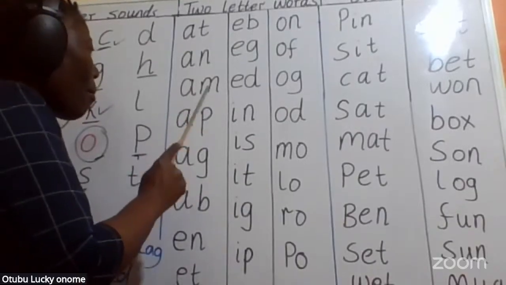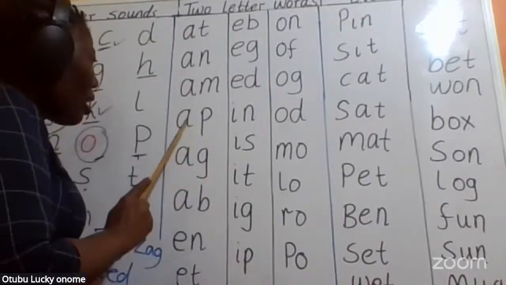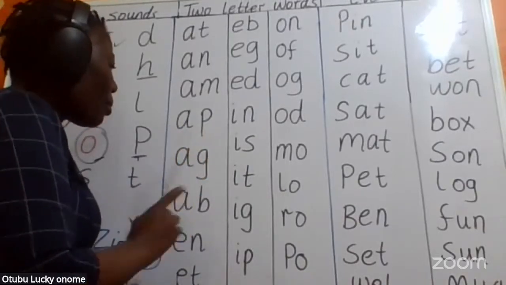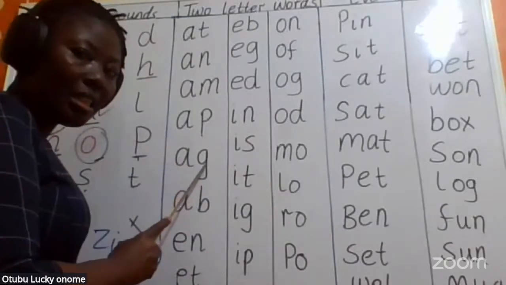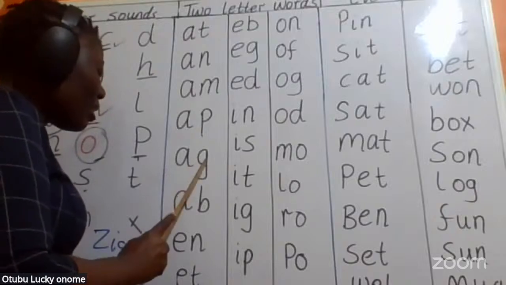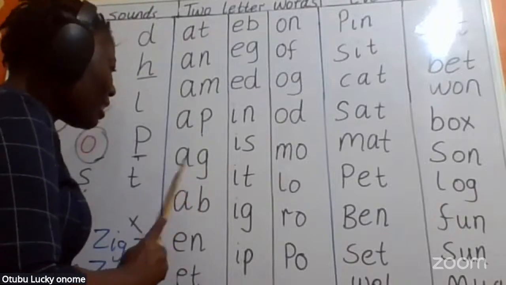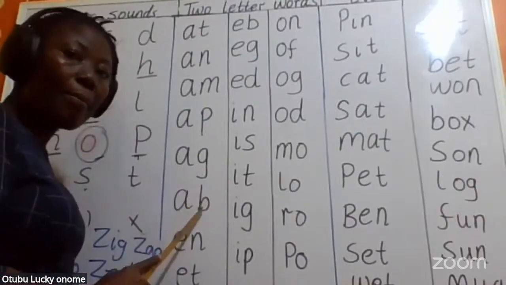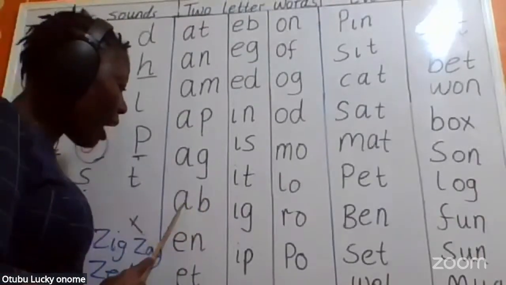We have a and m, which give us am. A and p will give us up. A and g will give us ag. Ag. Ab.